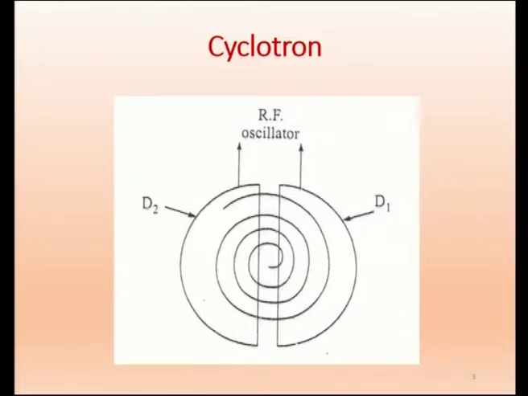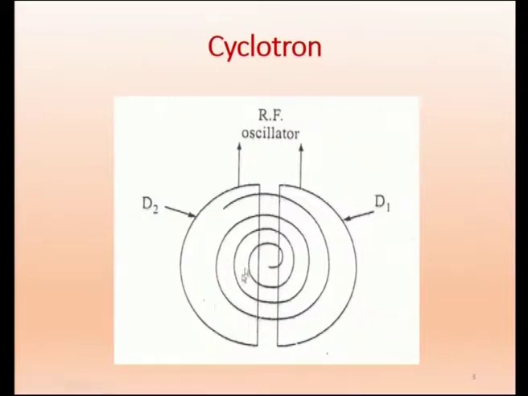Think of a hollow cylinder with the upper and lower ends closed; if the height is very small, it becomes a hollow disc, and we call it a D. So this is D1 and D2.